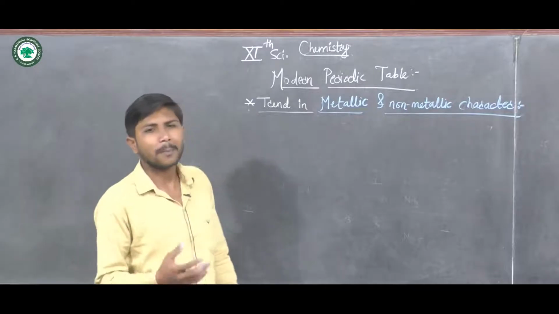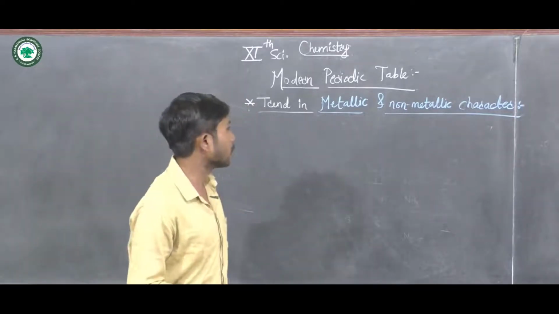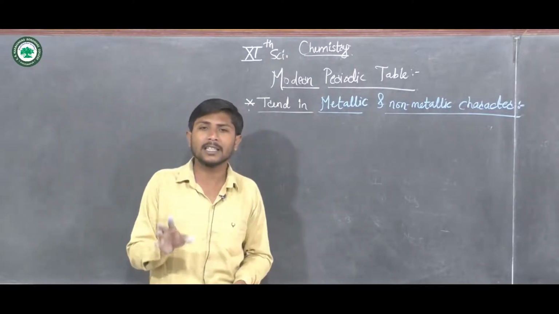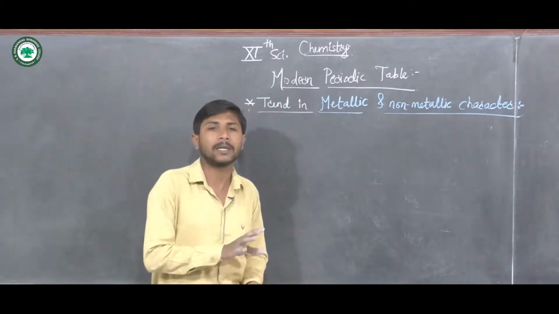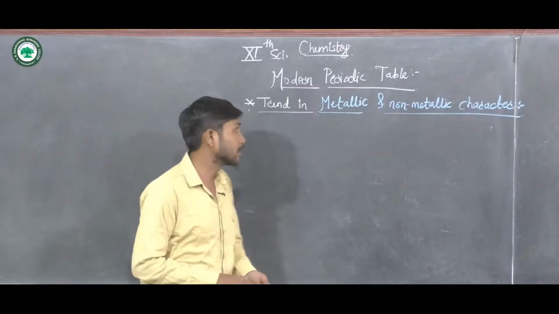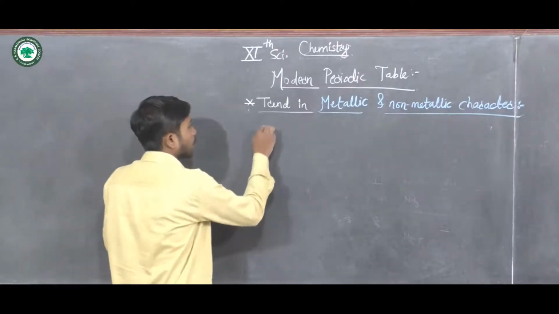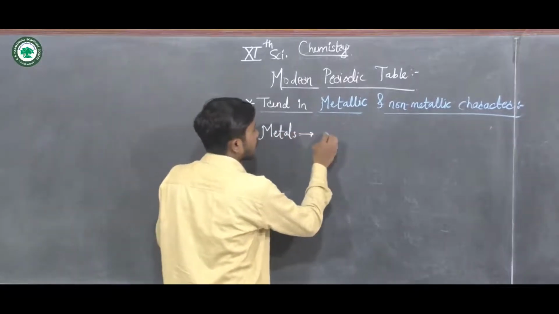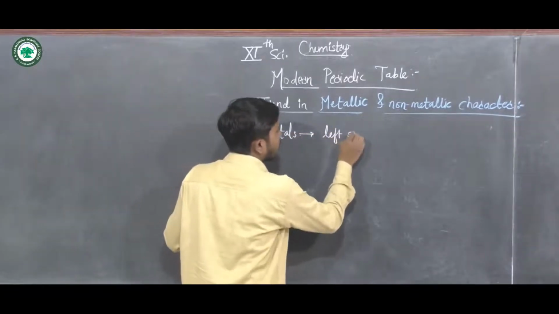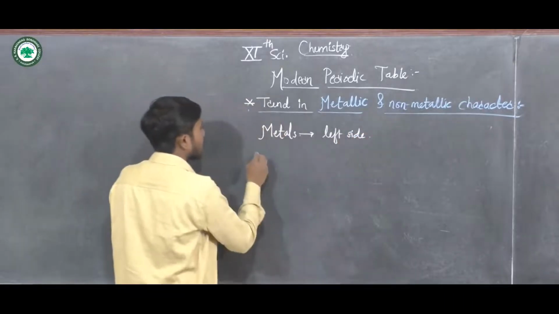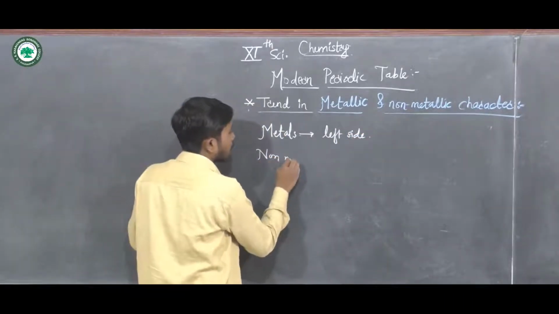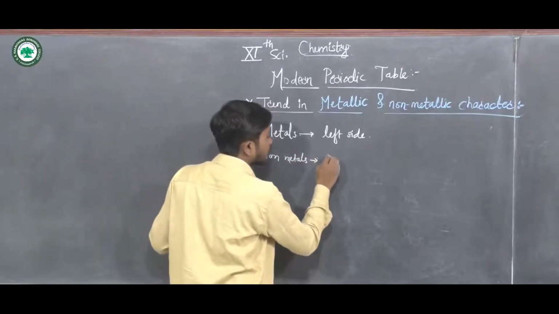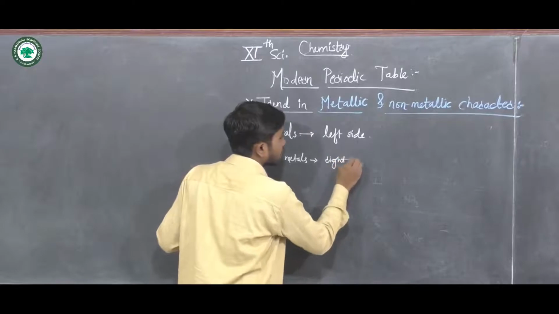As we know, metals have good conductivity of electricity. Why? Because of the presence of electrons, they easily lose the electron and get stabilized. Metals are present to the left side in the modern periodic table, while non-metals are present to the right side.